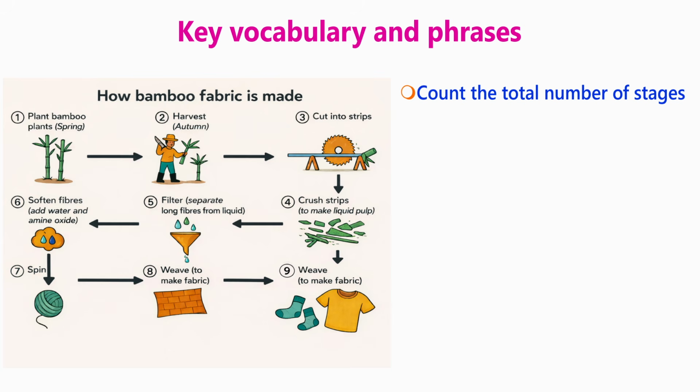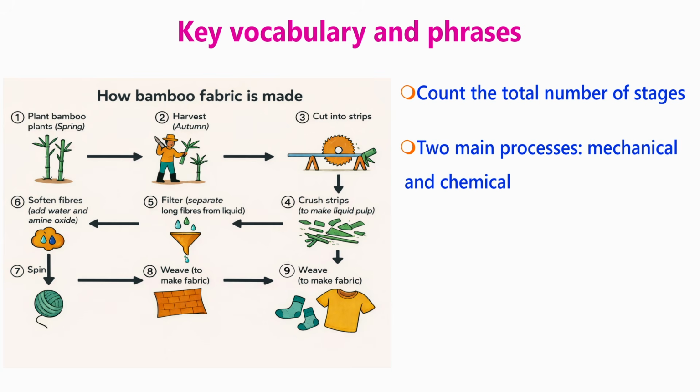All right. When we take a quick look, and just have a glance at this process, we come to understand that there are 2 main processes here, mechanical and chemical.